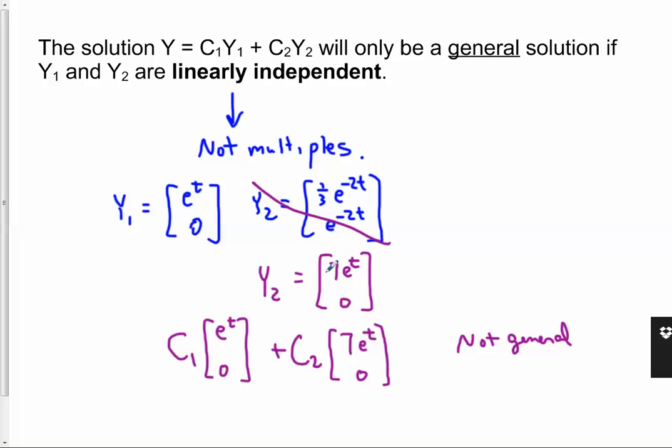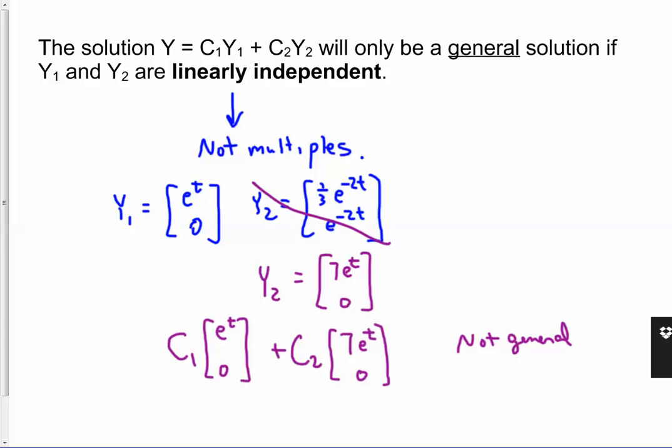And of course it's because this y2 is just 7 times the first. Or likewise, if I kept the original y2 but changed my y1 to just 5 times that, that's not going to be enough, because when you do a linear combination of two things that are multiples of each other, you're just getting another multiple of it. So you need two truly different solutions, in other words, linearly independent.